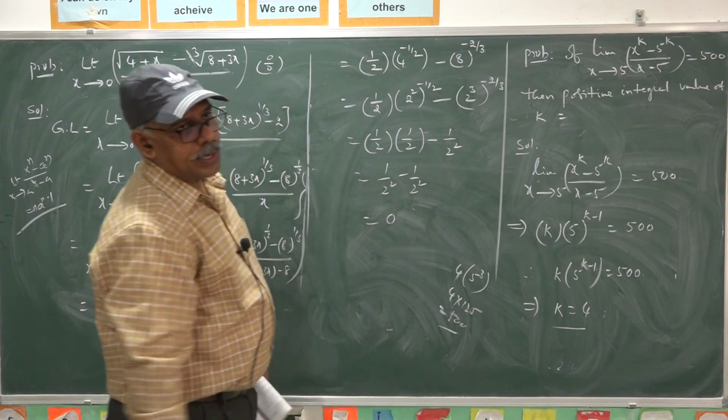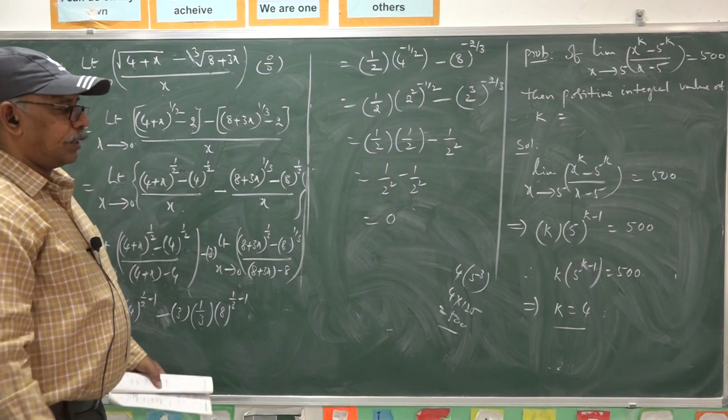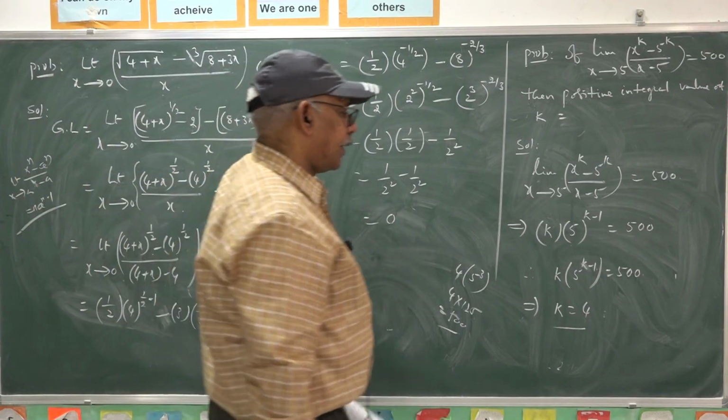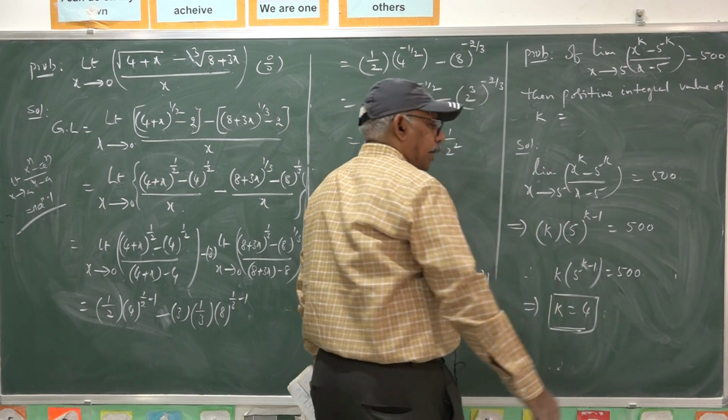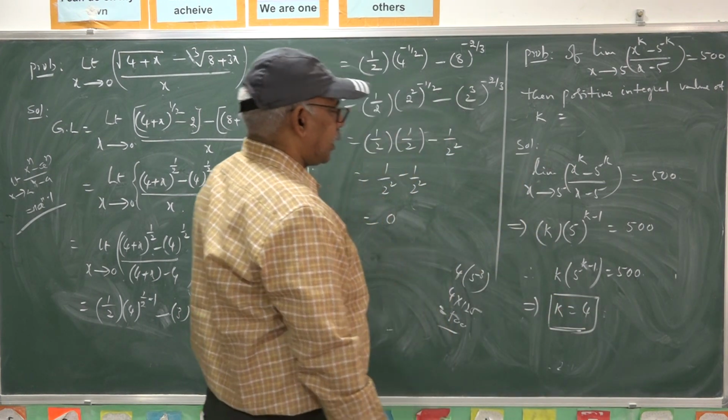Hence the value of k is 4. By observation, you can take k as 4.